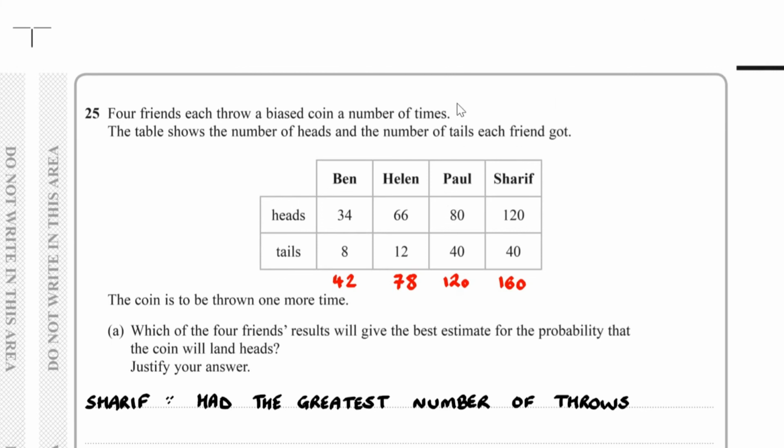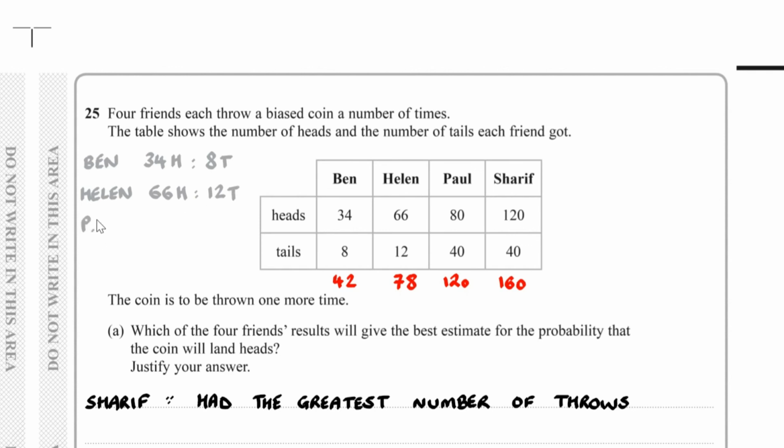Well, the way to think about this is to think about each person in turn. If we think about Ben, Ben has 34 heads and 8 tails. If we think about Helen, Helen would have 66 heads, 12 tails.